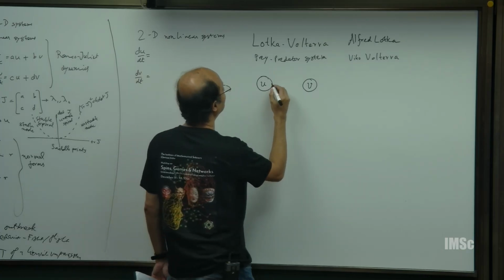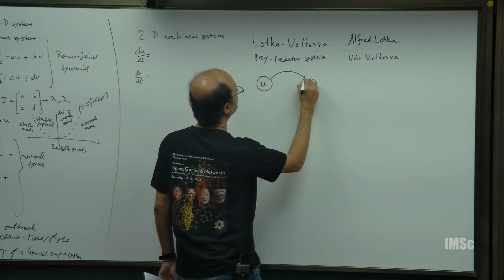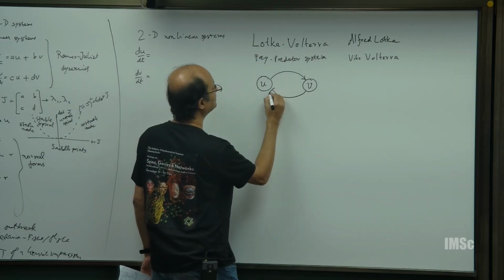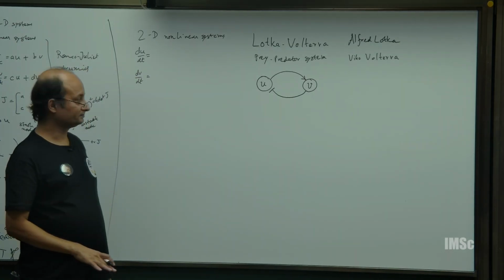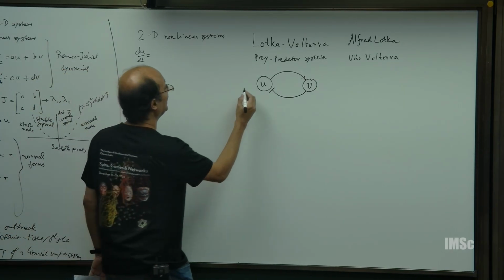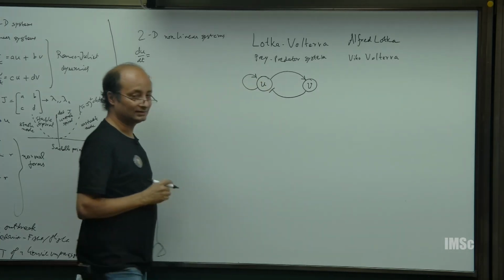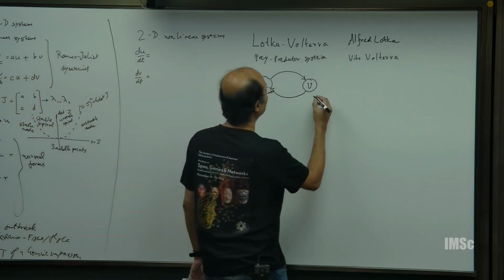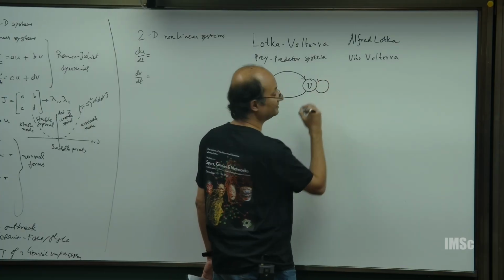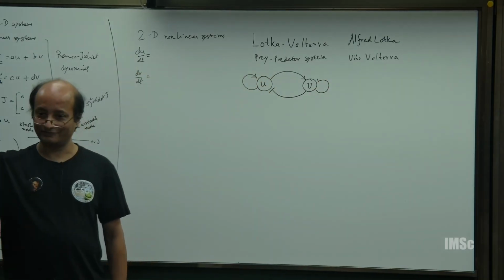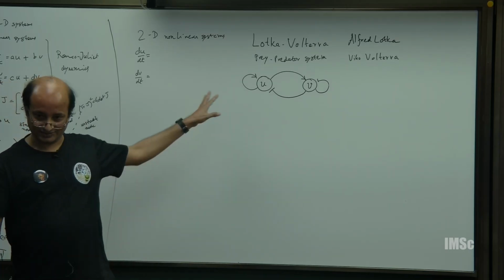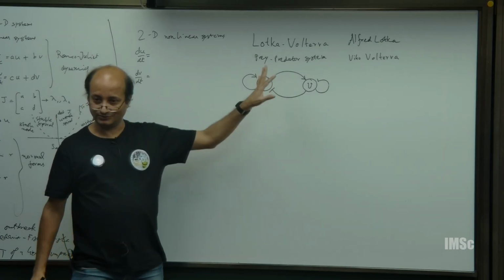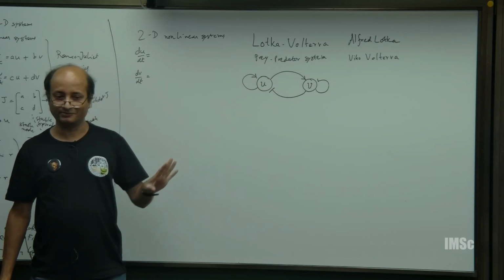U causes the further production of V. V, on the other hand, causes the decay of U. U has autocatalysis, so it results in its own further production, whereas V has a decay term. If you leave V to itself, it will just decay away. If you have this kind of a reaction, what kind of behavior would you expect? That's what Lotka was trying to do, in the specific context of a chemical reaction that he was trying to study.